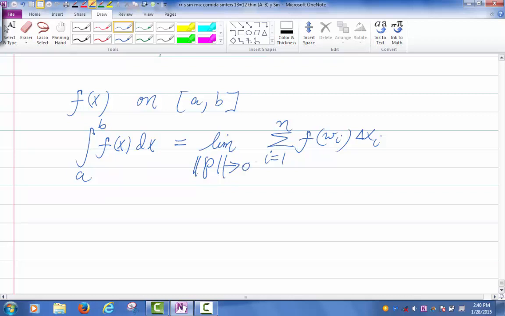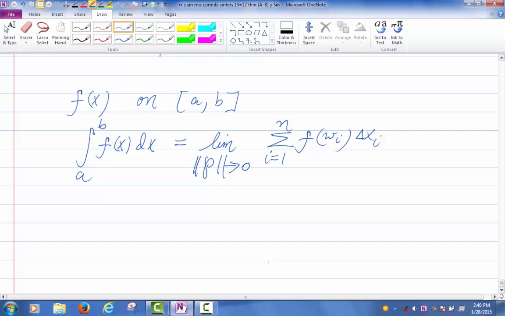In other words, as the number of partition points goes to infinity. That's the definition of the definite integral. And remember what I said, if this limit exists, then we say that f is integrable on ab. If this limit does not exist, then f is not integrable on ab.